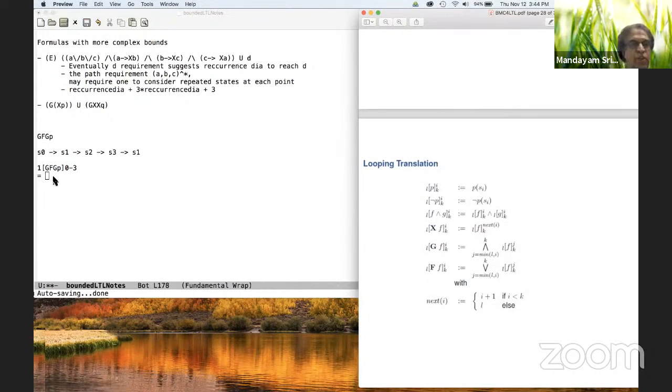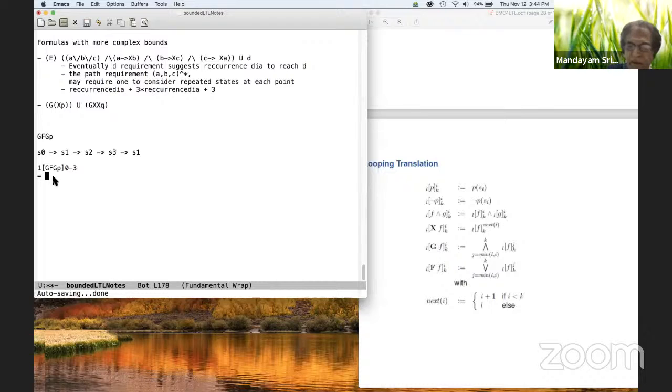So what does it expand to? It's a conjunction of F of G of p, something like 1, 0 dash 3, okay?